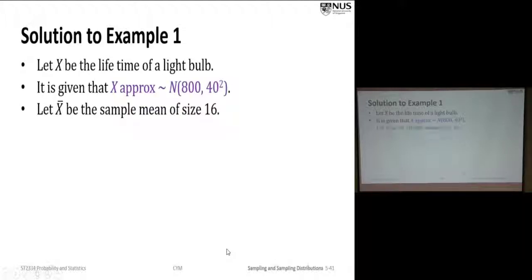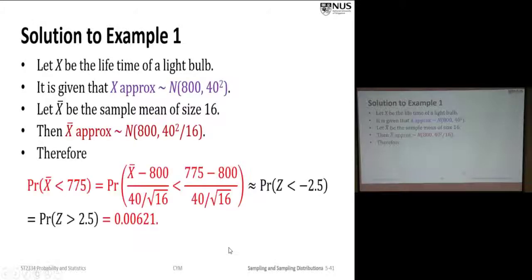So now we have all this. We want to calculate the probability of x bar less than 775. Of course, if you have a graphic calculator and you know how to use it, you may use it. But it's better to get used to this idea. We try to standardize this statement. Standardize means that we subtract the mean and divide by the standard deviation.